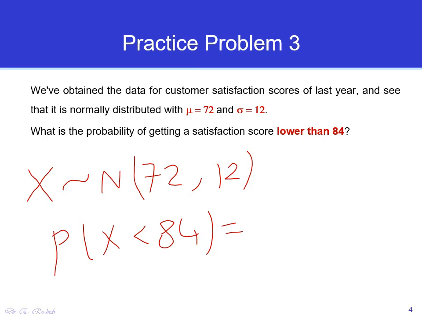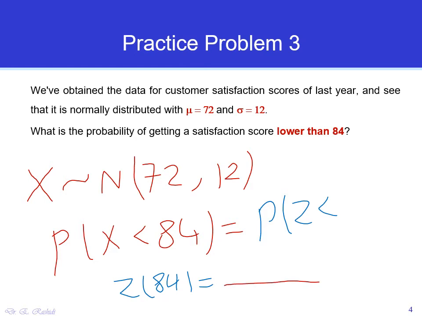So let's do that. That would be equal to the probability that z is less than the z score of 84. So let's find the z score of 84. That's equal to 84 minus the average, which is 72, divided by the standard deviation, which is 12.